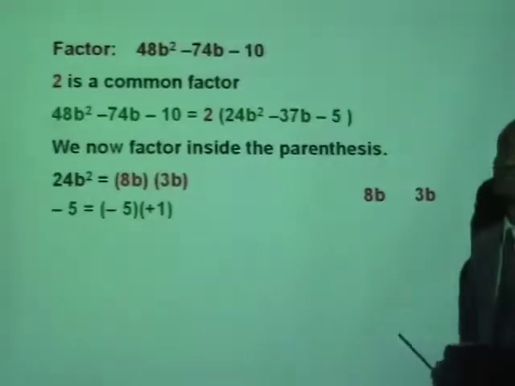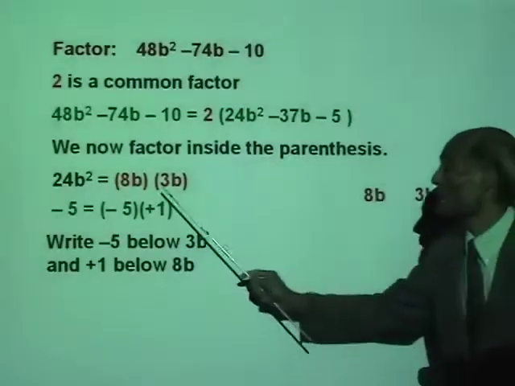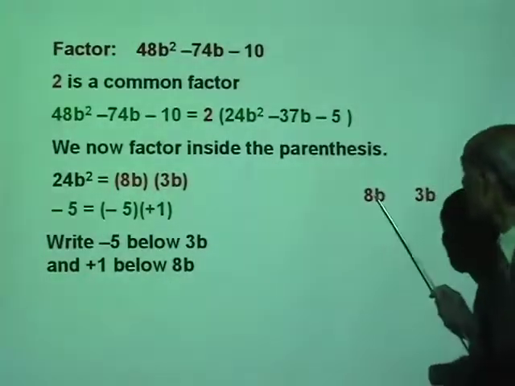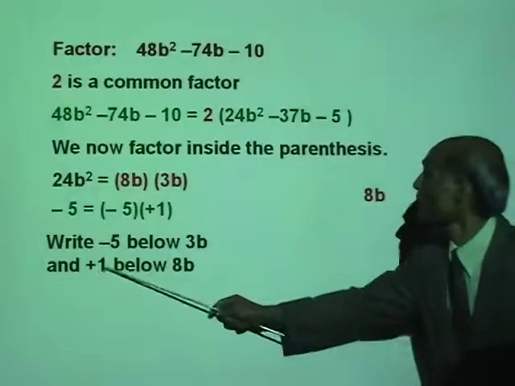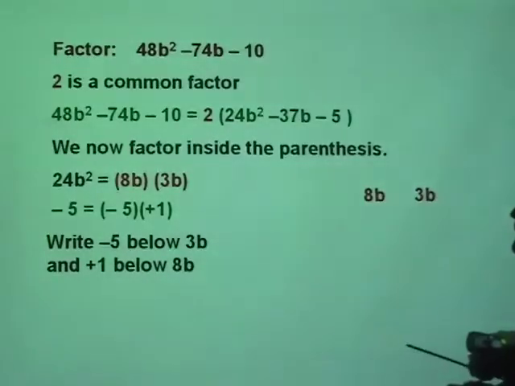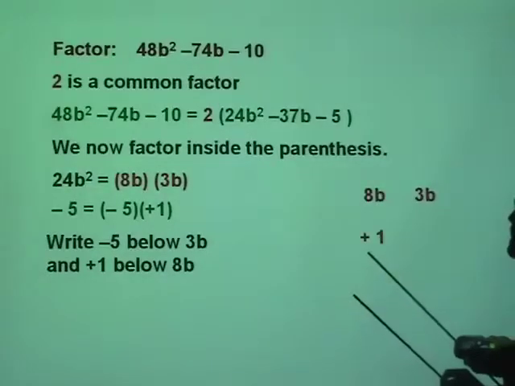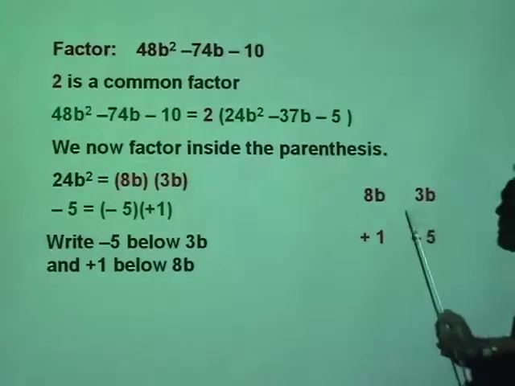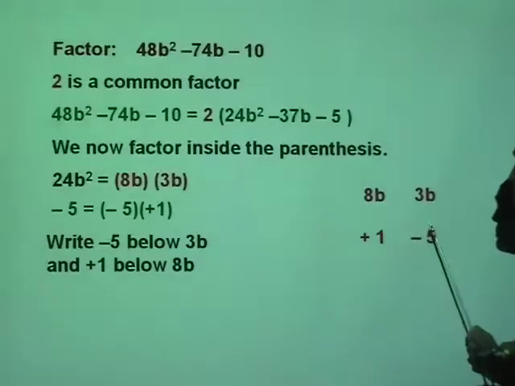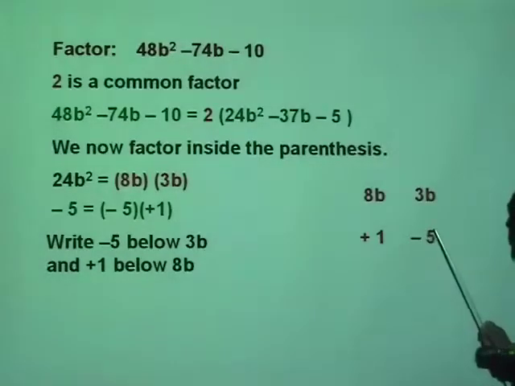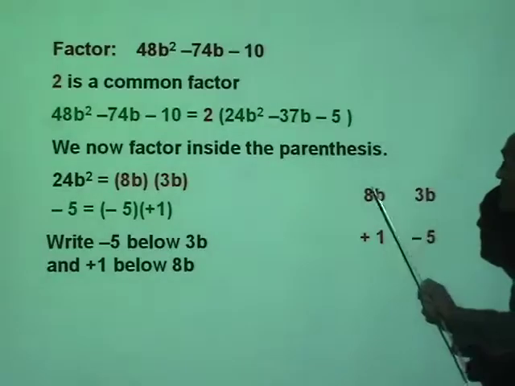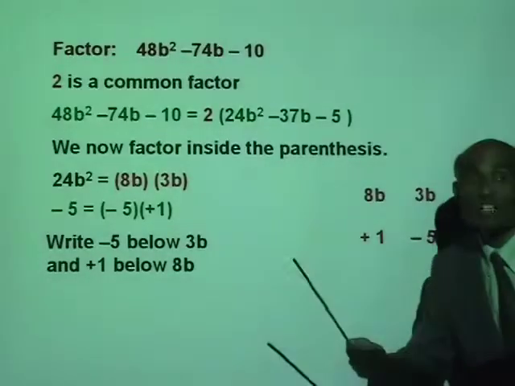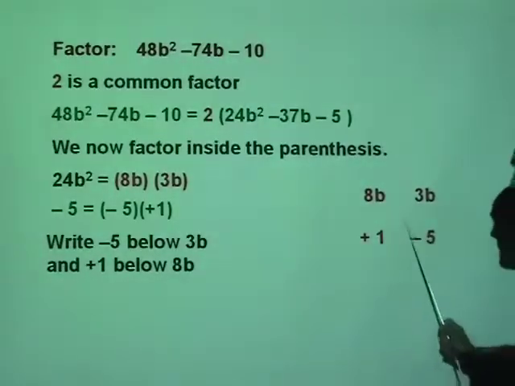Any idea? Well, write negative 5 below 3b and positive 1 below 8b. Let's see what happens. Why did I do that? So that negative 5 times 8b produces a negative 40b. Is that right?